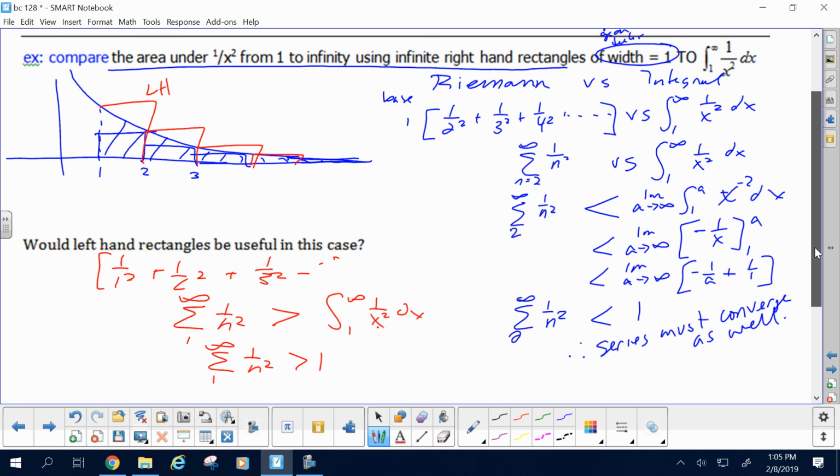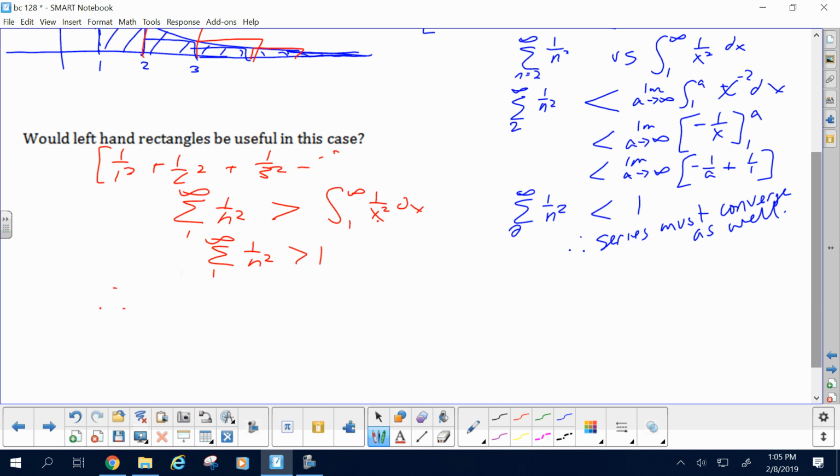From that, what could we conclude? The series, does it converge or diverge? The series is greater than 1. It's worthless. That tells me nothing. It could be finite. It could be infinite.